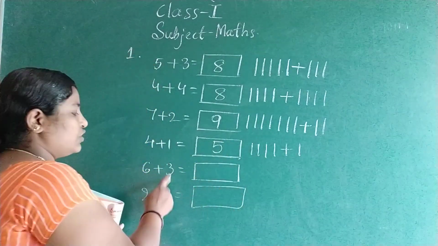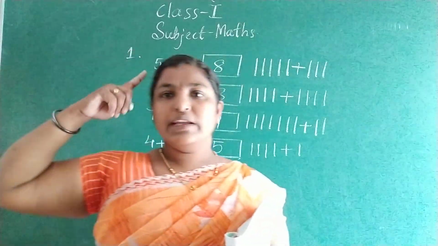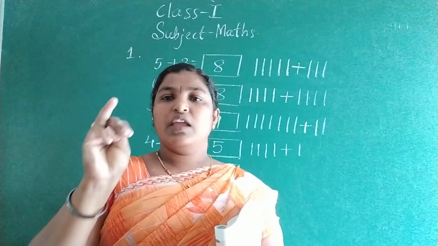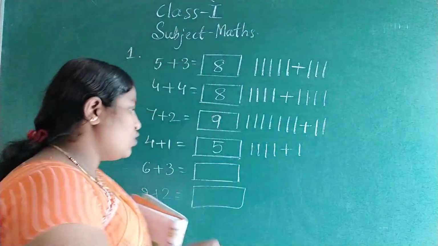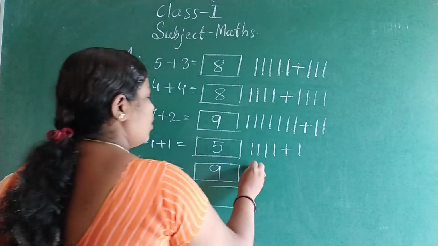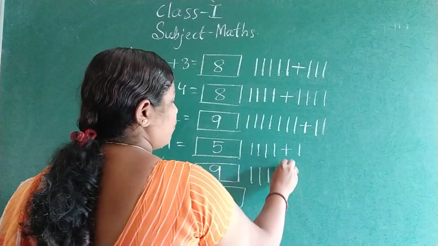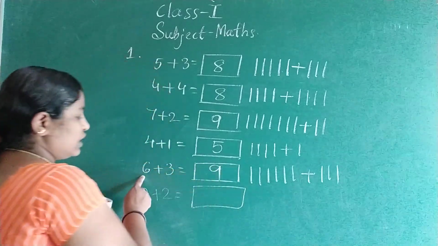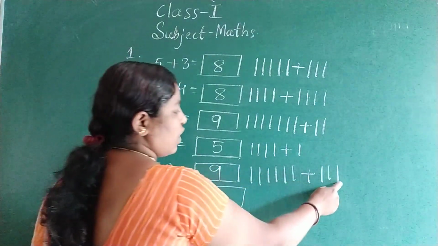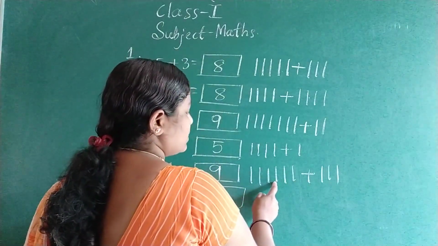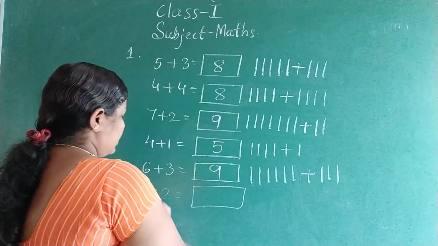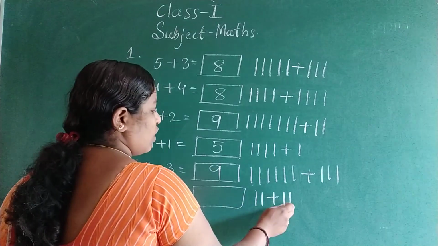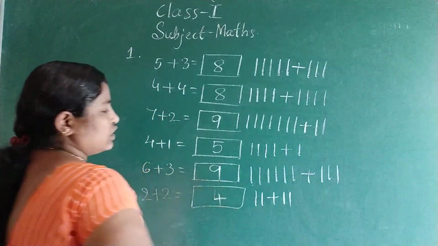Next, 6 plus 3. 6 in your mind, 3 in your hand. 6, 7, 8, 9. So the answer is 9. Counting with lines, 6 plus 3, count 1 through 9. Then 2 plus 2. 1, 2, 1, 2. 1, 2, 3, 4. Answer is 4.